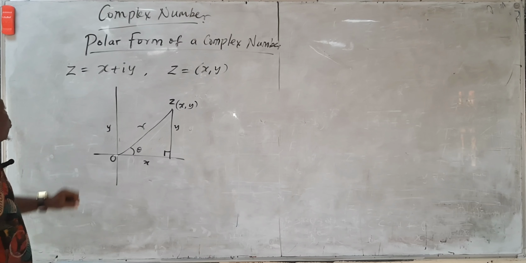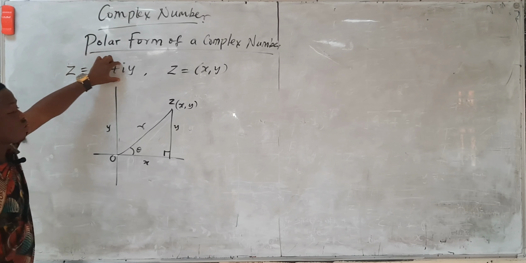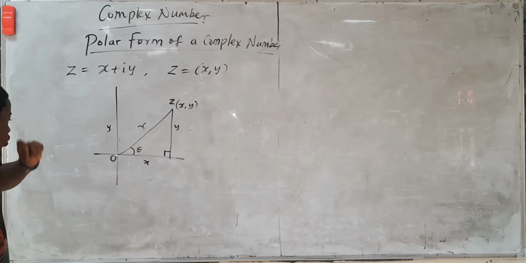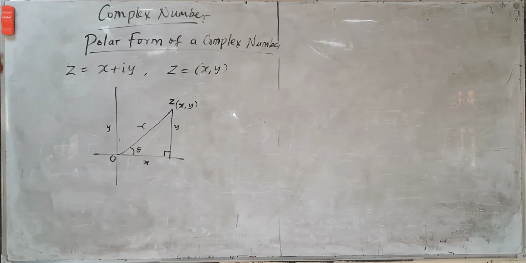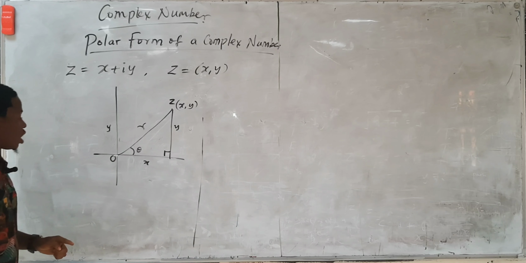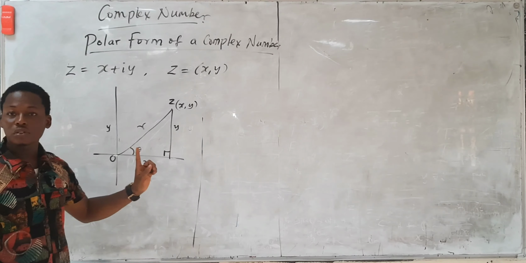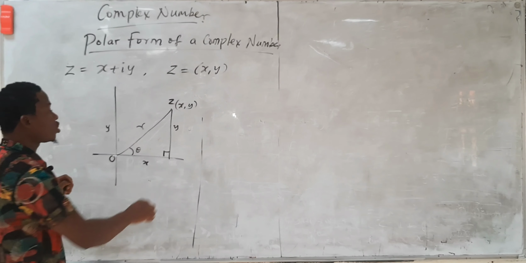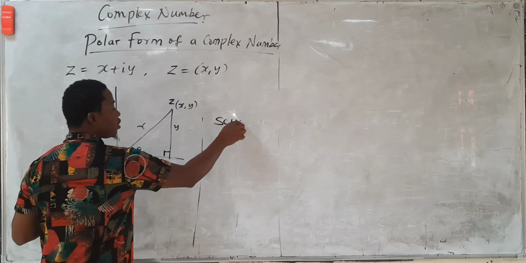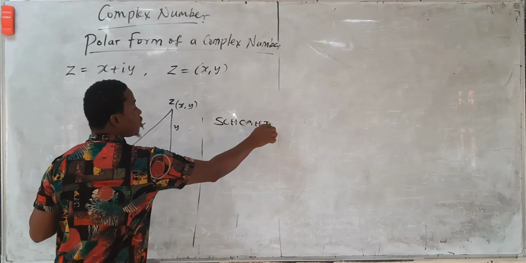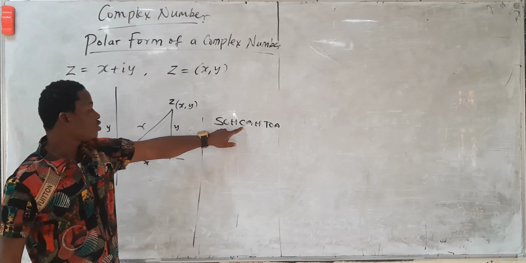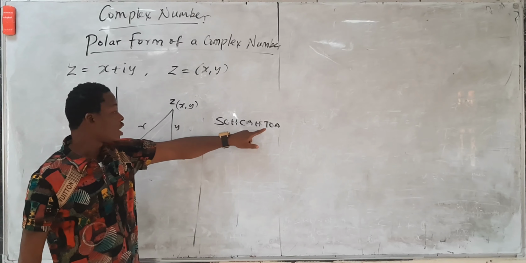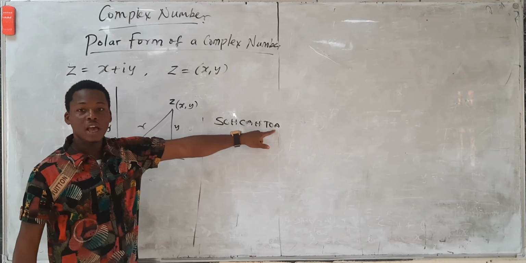Now, we want to represent this complex number x plus iy in polar form. So what we need to find now is the value of x and the value of y. Recall that we have an acronym for defining the sine, the cosine, and the tangent of an angle, which we call SOHCAHTOA. SOH is sine, opposite over hypotenuse; CAH is cosine, adjacent over hypotenuse; and TOA is tan, opposite over adjacent.